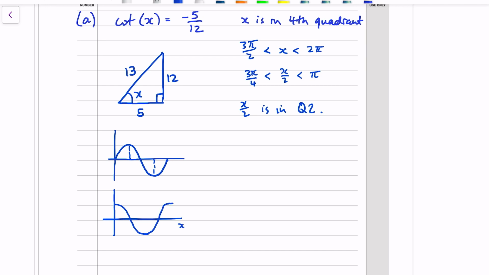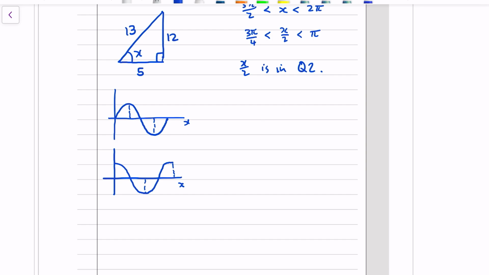So in the fourth quadrant, cosine is positive. Okay, so from our triangle there, cosine of x is equal to 5 over 13, not negative 5 over 13. We do the adjacent side and divide it by the hypotenuse to get cosine.